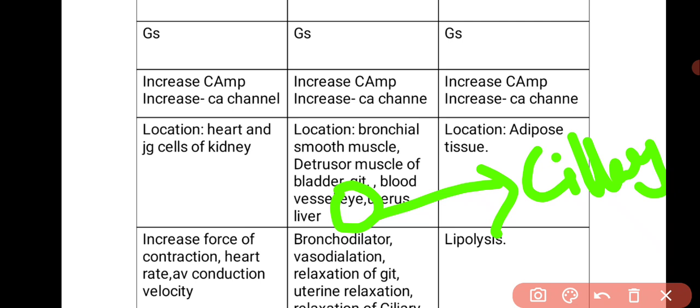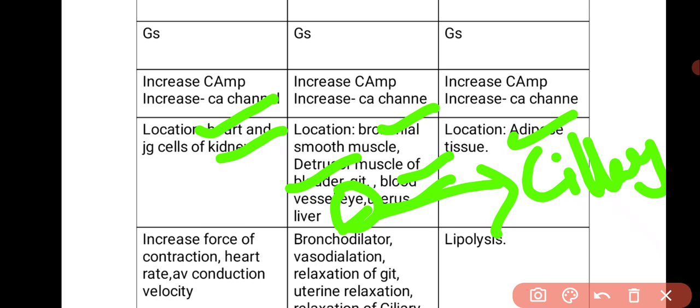If you understand this, you can clearly understand the sympathetic drugs. Now you know the adrenergic distribution: the heart, kidney, bronchial smooth muscle, bladder, blood vessels, uterus, eye, adipose tissue, platelets.